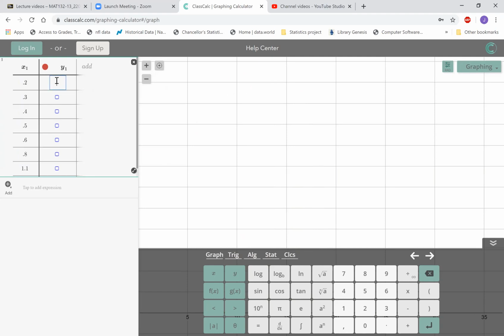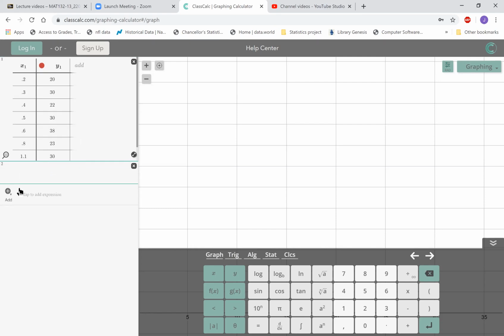And then for the Y values, 20, 30, 22, 30, 38, 23, and 30. All right, so you can just enter that into the table.